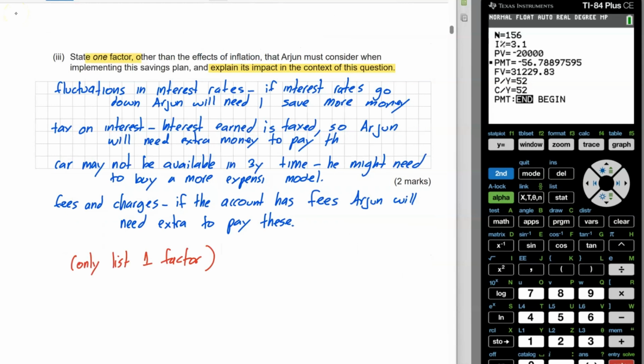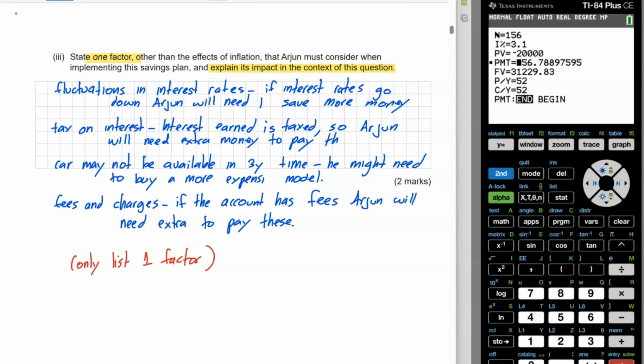I have pre-filled it a little bit, but we are interested here in just one factor that he has to consider when he's going to be doing this savings plan. But not only do you need the one factor, but you need to know its impact in the context of the question. So for instance, if we're looking at fluctuations in interest rates, Arjan has to consider that if interest rates go down, then he's not going to reach that goal and he has to save more money along the way.